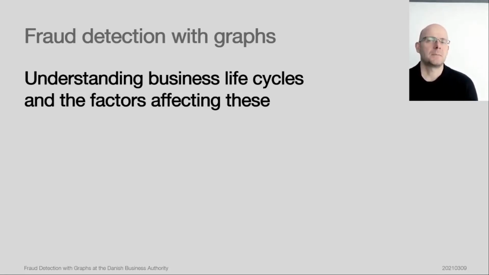And that makes us the sort of first line of defense against fraud. So if we're able to stop a company from being registered, we've already then prevented a lot of fraud that otherwise would be taking place. But that's also a very hard question to answer. Is this going to be a fraudulent company? Is this company being registered with the sole purpose of committing fraud?